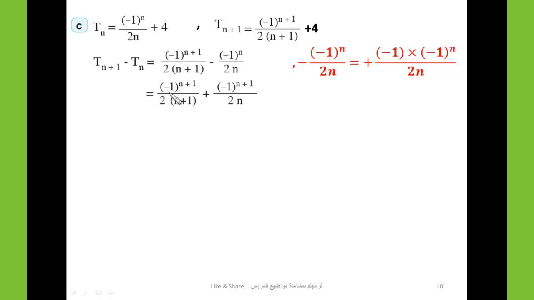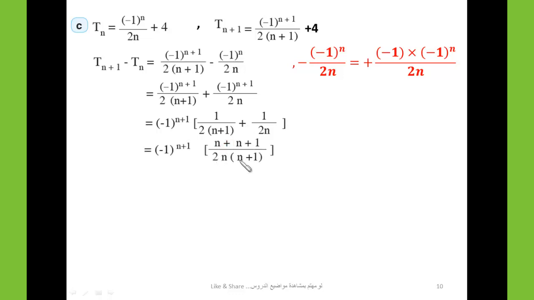Now we can take negative 1 power n plus 1 as a common factor. So the result will be negative 1 power n plus 1 times 1 over 2(n plus 1) plus 1 over 2n. Now it's easy to add these two fractions by writing the common denominator, 2n multiplied by n plus 1.